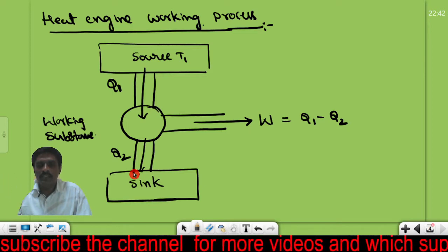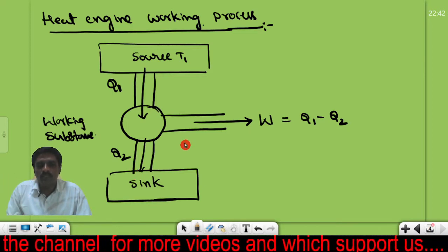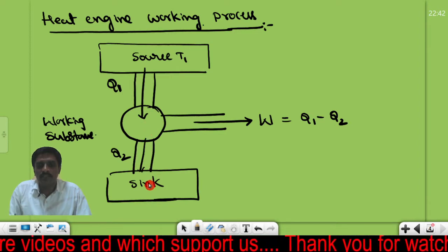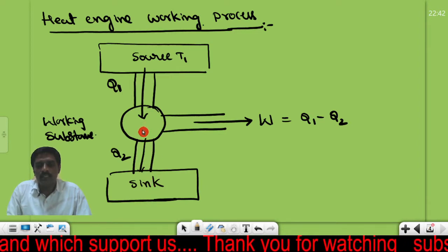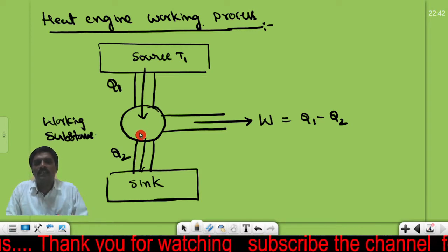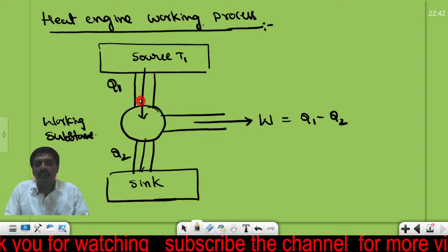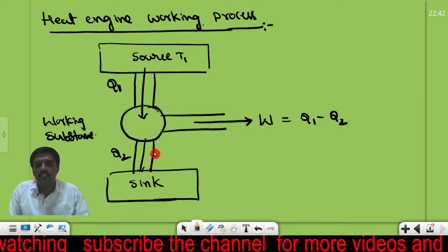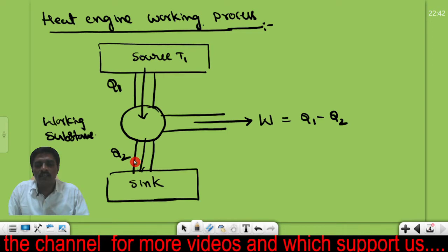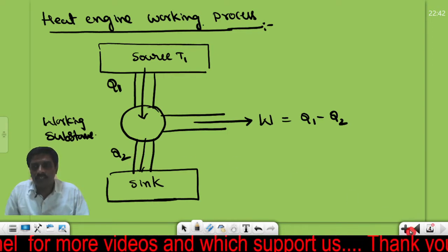The remaining heat energy is released to the sink due to contact of the working substance with the sink. Again the working substance comes back to its initial state. It is a continuous cyclic process: each time it absorbs some heat energy, does some work, and releases the rest to the sink. This is the working process of the heat engine.